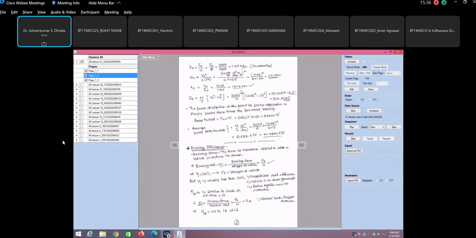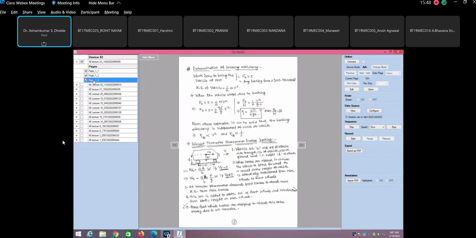After that, we discussed the braking efficiency, and we have seen that the braking efficiency is almost similar to the coefficient of friction. Then I said that there are certain situations where braking efficiency is more than 1. After that, we derived the expression for the braking efficiency, eta is equals to v square by 2gs.